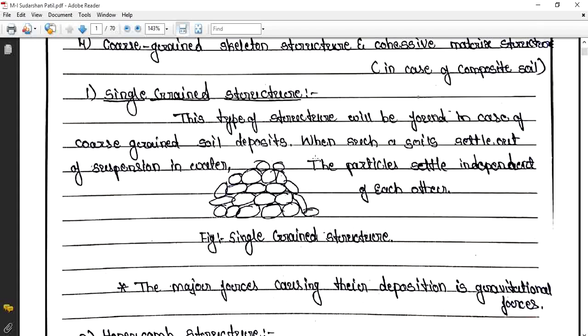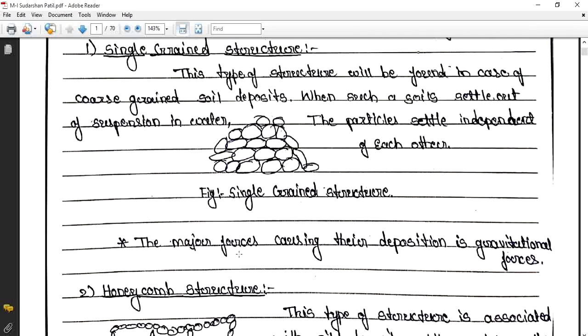In that case, the particles settle independently of each other. In such cases, the single grained soil structure is formed. The major force causing their deposition is gravitational force. So due to gravitational forces, these soil particles are going to settle.